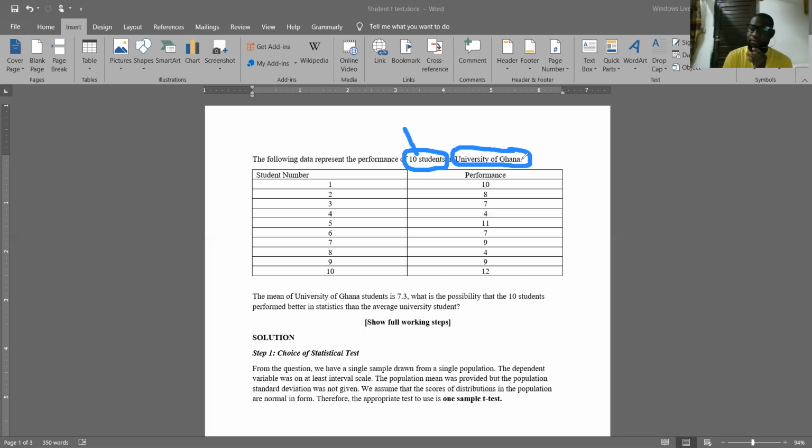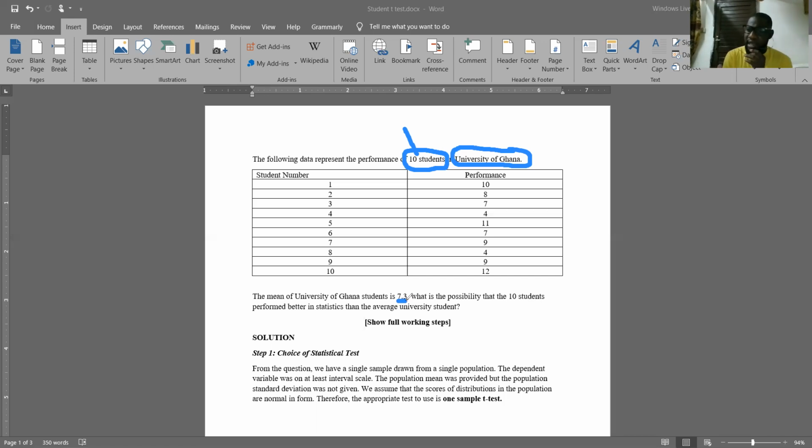So let's read further. They indicated the mean of University of Ghana students is 7.3. And we were able to decipher that University of Ghana is the population. So the mean there is the population mean, meaning the population mean has been given.